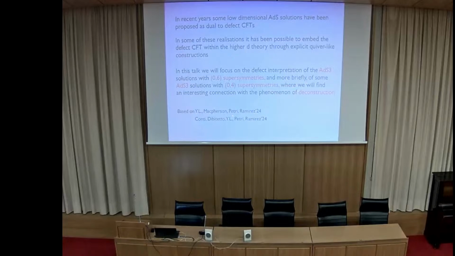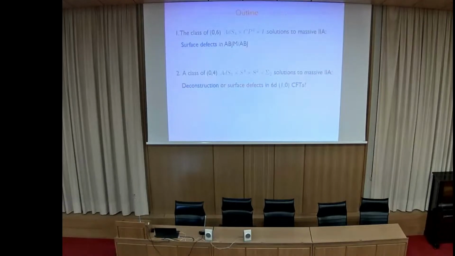So, well, this is based on recent work with a number of people. So let me start by giving the outline. First, I will discuss the 0,6 solutions to massive IIA supergravity, and try to interpret them as defects in ABJM.